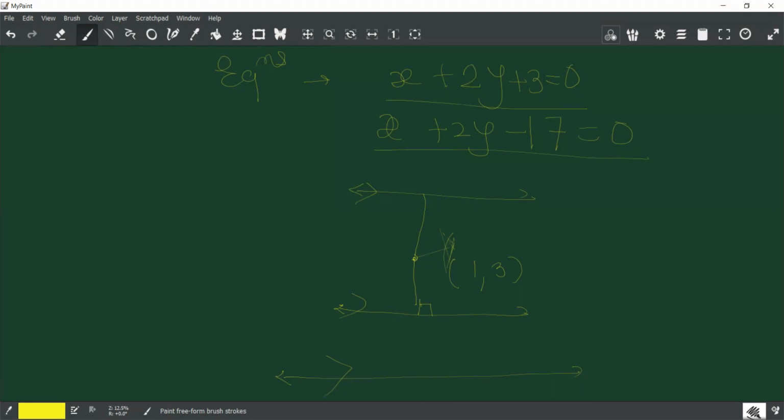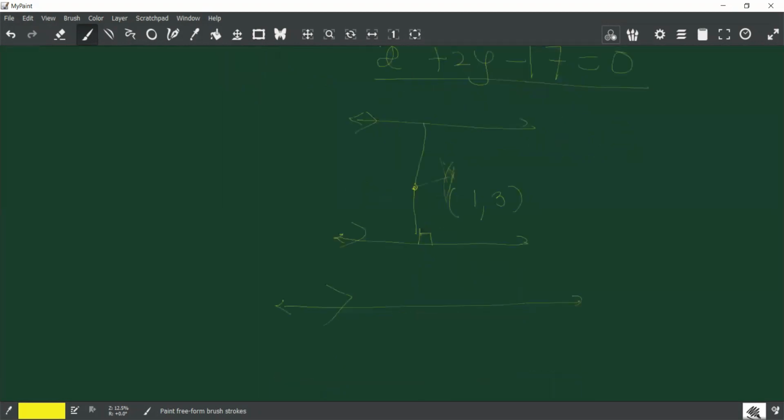Can I go to the next sum, please? This sum is typical of an MCQ, that's why I'm giving it to you.